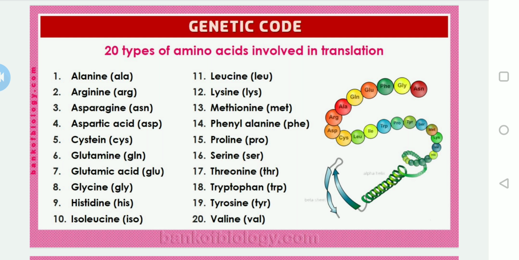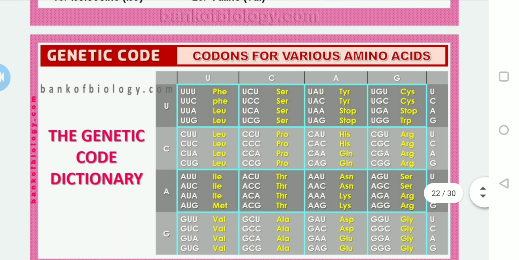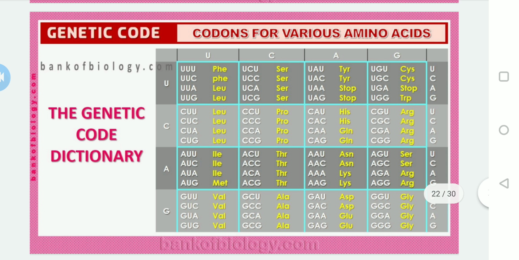Here is a table containing the codons for various amino acids. It is also known as the genetic code dictionary. It has 3 letter combinations.